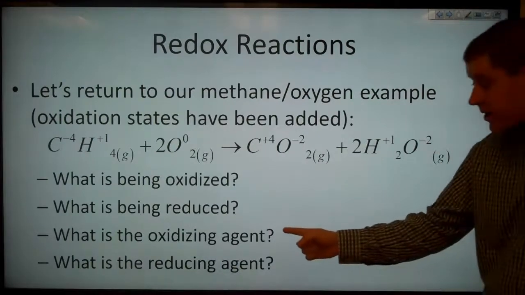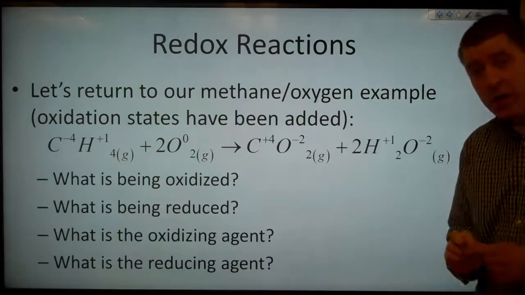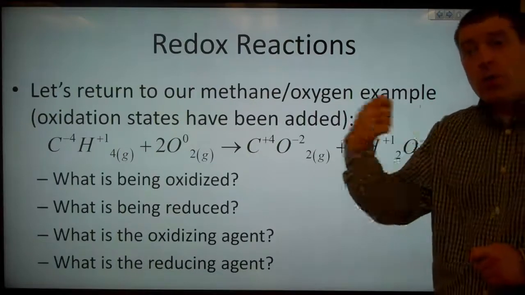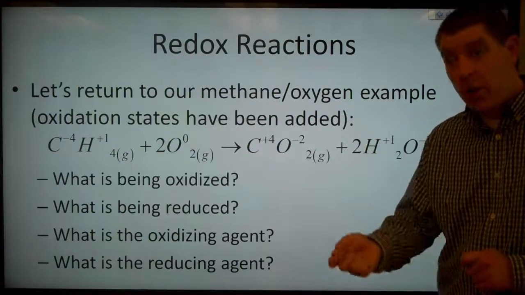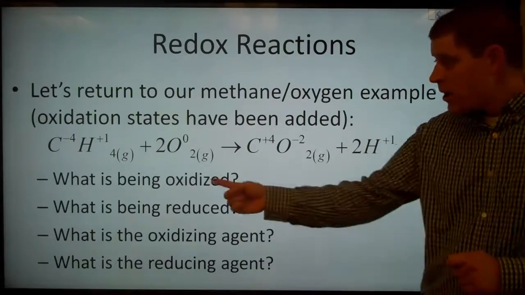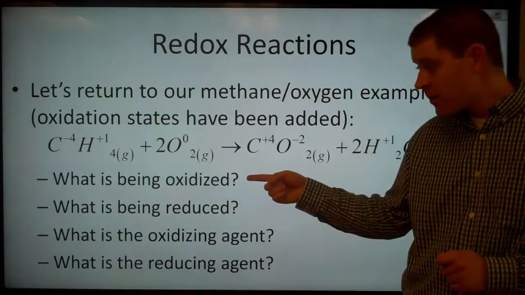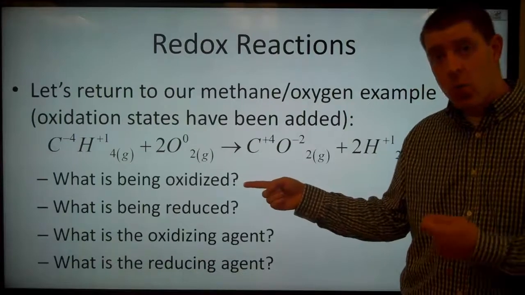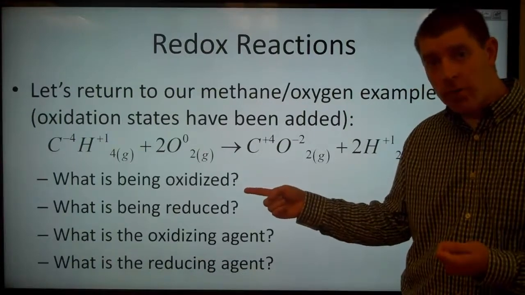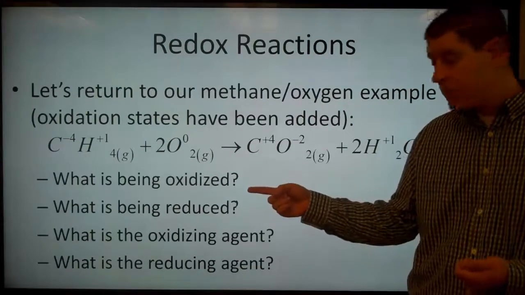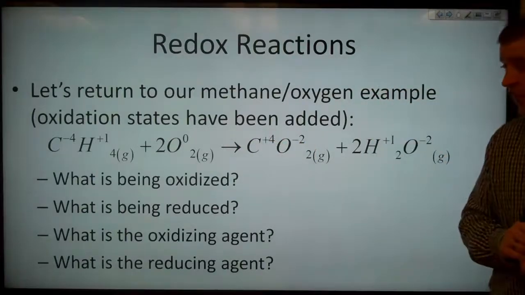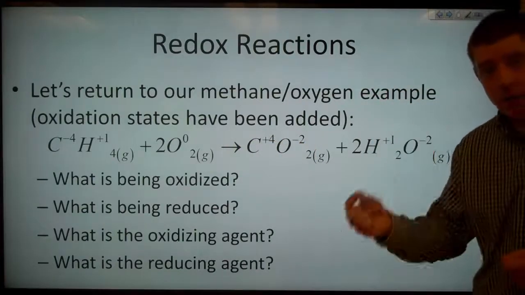So, what's the oxidizing agent? This is the thing that is oxidizing the other reagent. The carbon was being oxidized, so it can't be the oxidizing agent. So what is oxidizing the carbon? The oxygen. So the oxygen atoms are oxidizing the carbon.